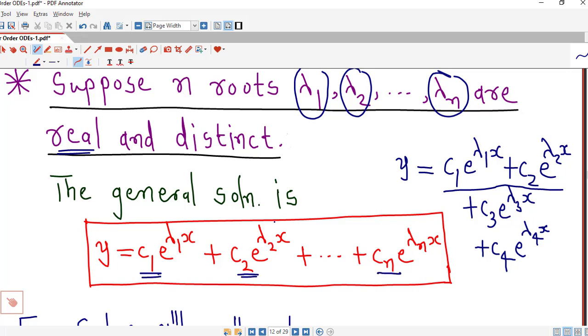So if all the roots are different, we will write down the terms of the general solution in this way: c times e raised to lambda x. We will put lambda equal to lambda 1, lambda 2, lambda n, and c1, c2 and cn. So this is the general solution in the case all the roots are real and distinct.